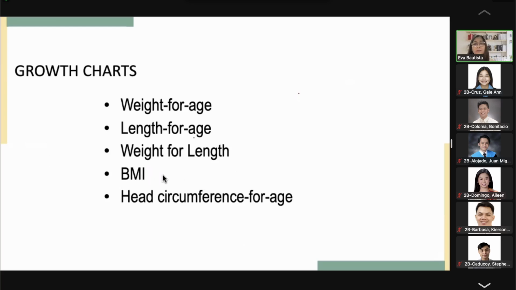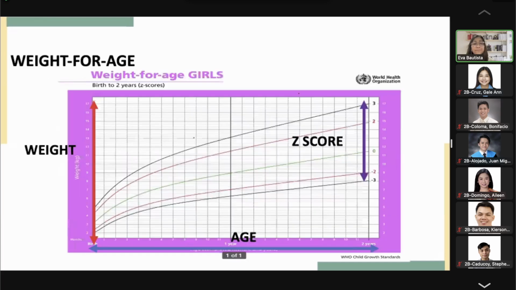So it should be the BMI for age growth chart. And then we have the head circumference for age. What is lacking here is the sex-specific infant charts. We have a weight for age chart for female, and a weight for age chart for male, and down the line.